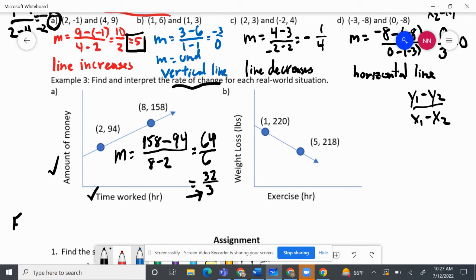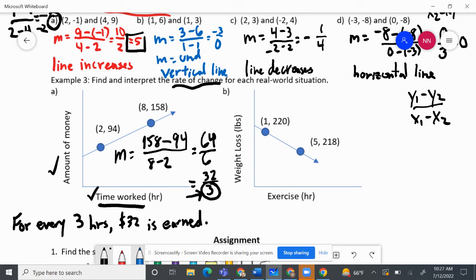So for every 3 hours, $32 is earned. So whenever we're describing it, what we're saying is that when x is 3, but remember this is slope, so for every 3 x's, in this case hours worked, this is what's earned, $32.